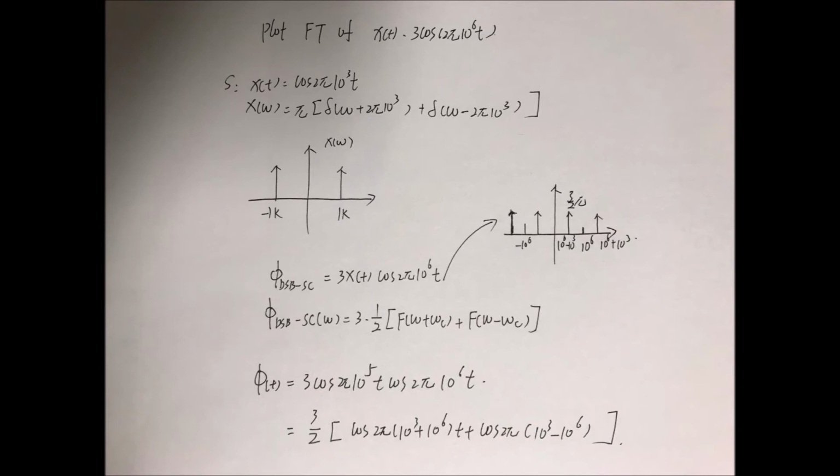Let me plot over here, X(omega plus omega c). So it's plus 10 to the 6 and minus 10 to the 6.